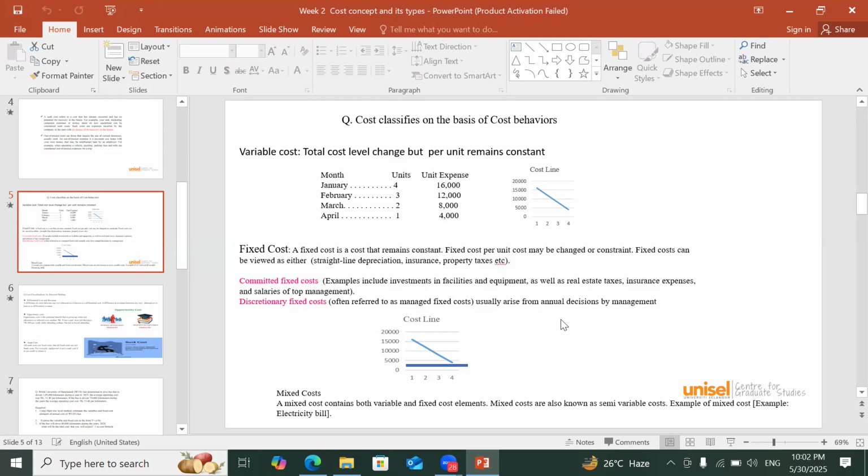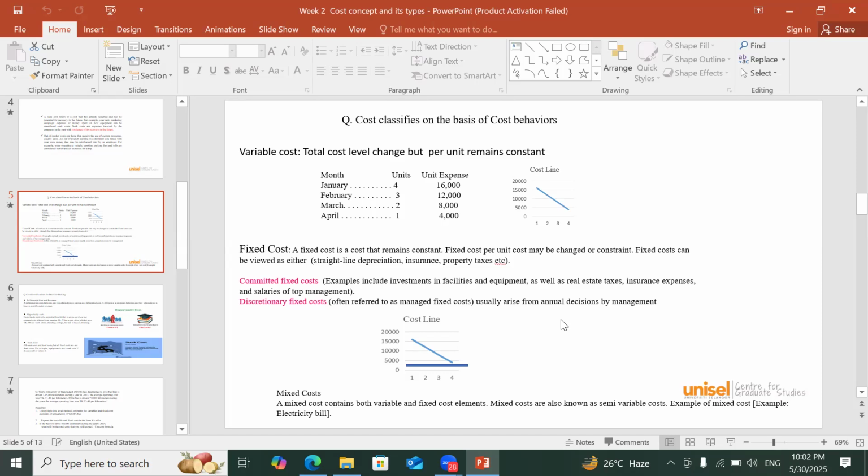The factory charge does not drop. But when that machine is damaged and not active, you can avoid the machine charge. This machine charge is your discretionary fixed cost, and factory rent or room rent or place rent is your committed fixed cost. So this is the example of discretionary fixed cost and committed fixed cost.